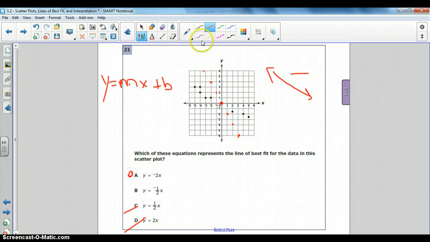Okay, so I did that one in red. Or are we going up 1 over 2? Up 1 over 2. Which one looks like a better fit for the data? It is B. Okay, that one fits the data, gets the most amount of points.